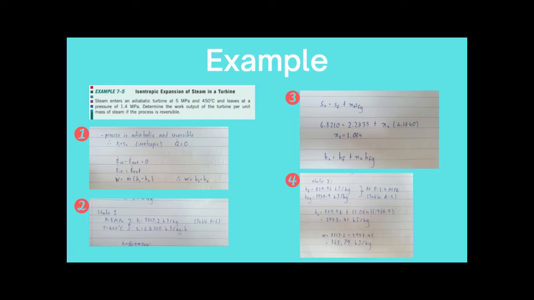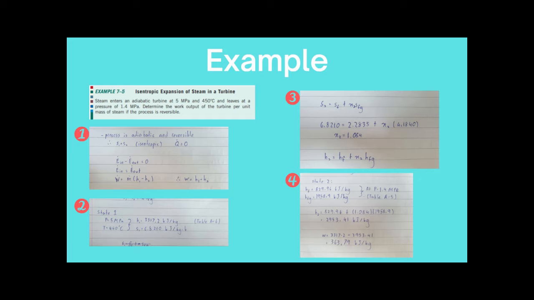We can get the values of Sf and Sfg from table A5 and then insert the values, so we can get x2. After we get x2, we can find H2 by using the formula H2 equals Hf plus x2 Hfg. So we can get the values of Hf and Hfg from table A5 at pressure equal to 1.4 megapascal.